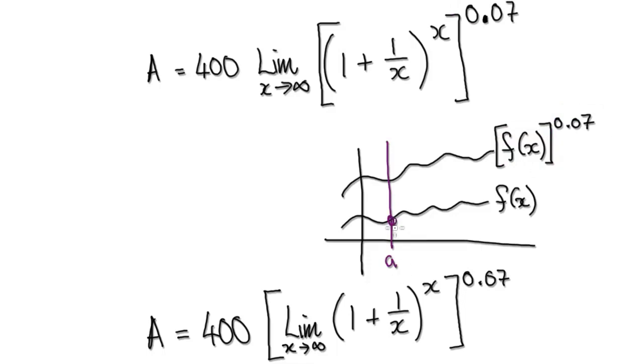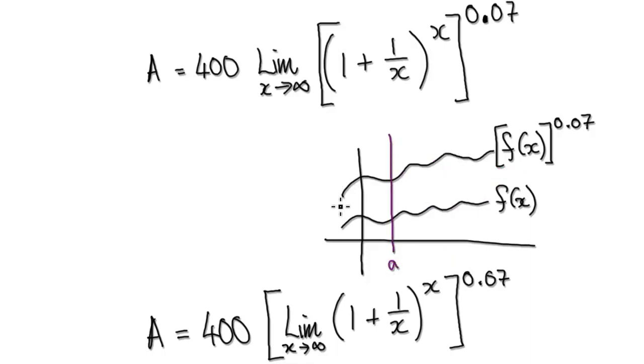So this is f of a, and when you're at f of a, if you power it by 0.07, you would jump to here. Let's look at b. So this here is f of b. When you power it by 0.07, you will jump to here. So let's go back to a here.